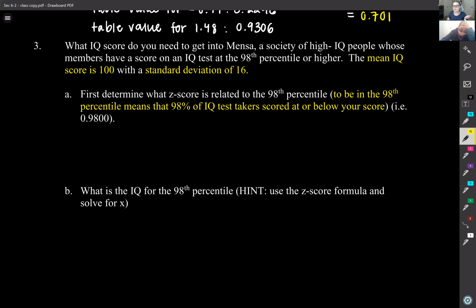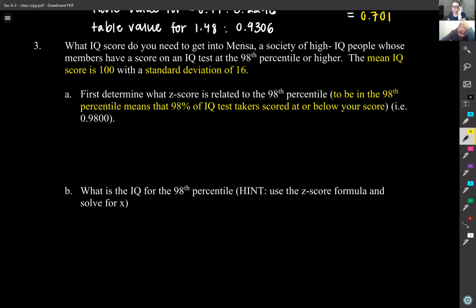That is very similar verbiage to when we've drawn out that distribution and said, this is the area that falls between these two lines, or this percent of people are between these two z-scores. So what we need to do is figure out what score is related to having 98% of the test takers being at or below your score.